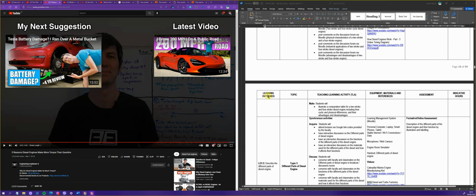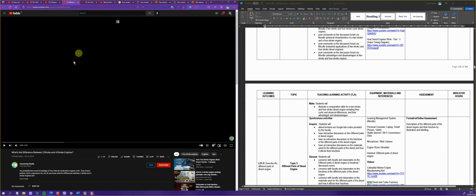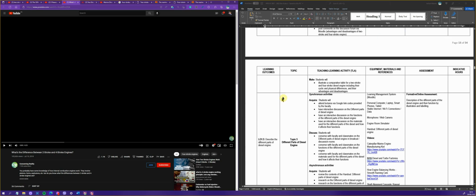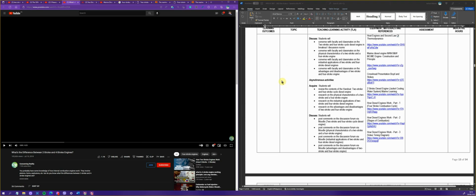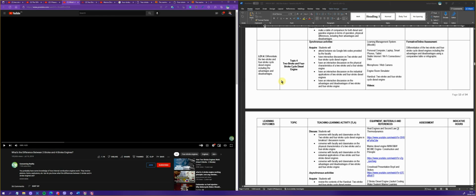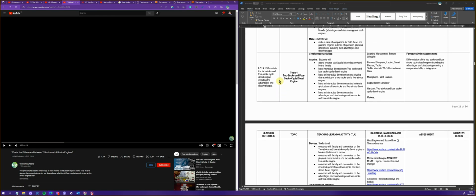I think we can go to the parts naman. Pero before tayo lumayo sa parts, kailangan muna natin ma-differentiate yung 4-stroke and 2-stroke.